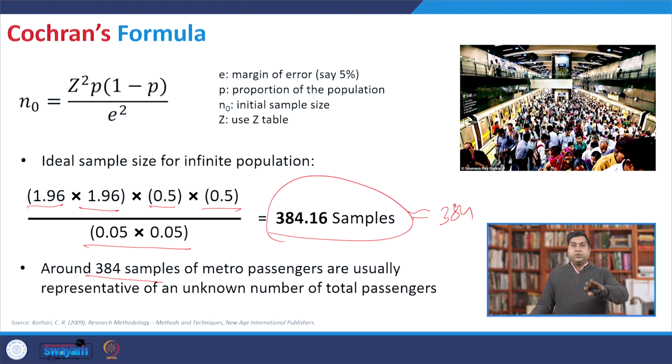We are not going to break this entire sample into smaller groups like age wise or gender wise. If you want to capture, say, 3 different levels, like age group 1, age group 2, age group 3, then your sample size should be more than that, because to represent age group 1 you should have at least this much sample out of the population if the population is unknown.